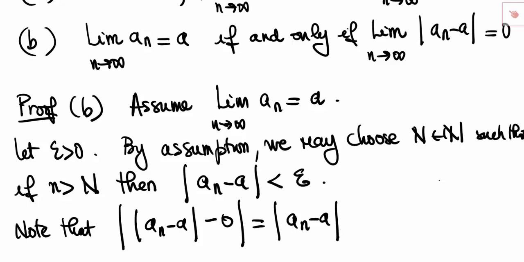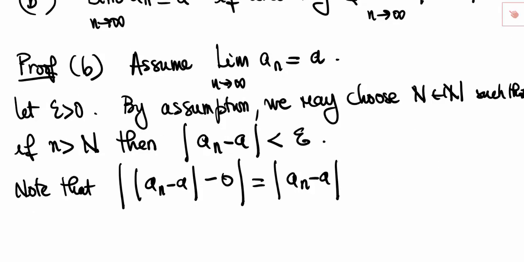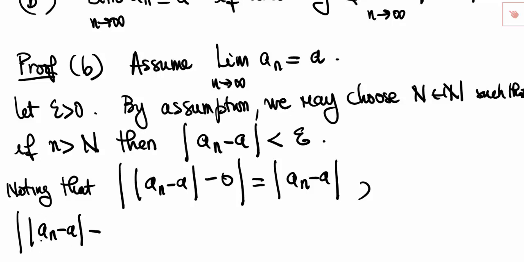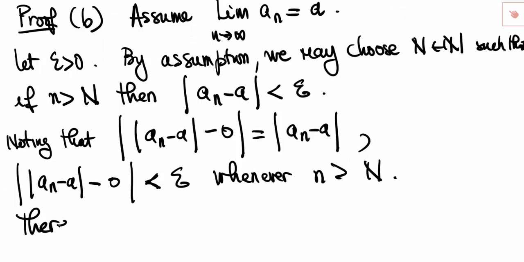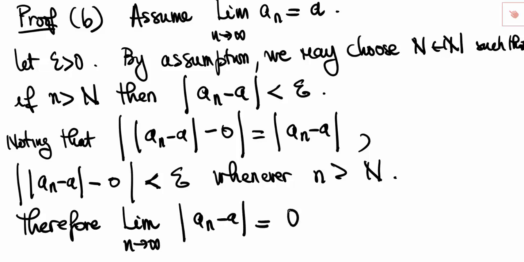So thus, noting that this holds, we can see that the distance between the quantity absolute value of An minus a and 0 is less than epsilon whenever n is larger than capital N. Therefore, the limit of the quantity absolute value of An minus a as n is approaching infinity is in fact 0.